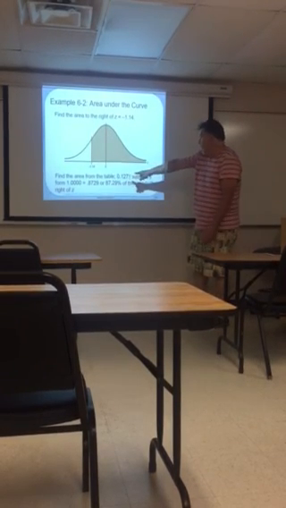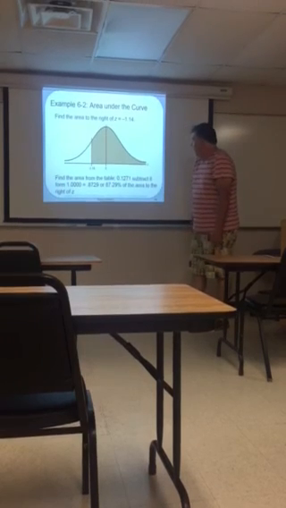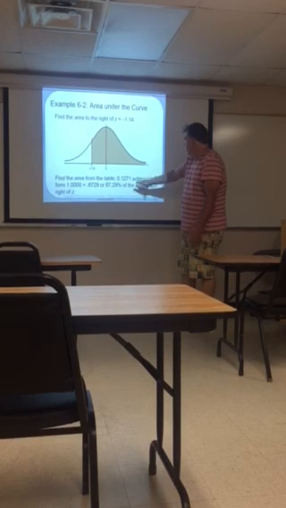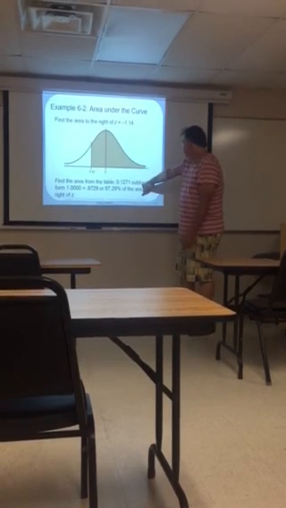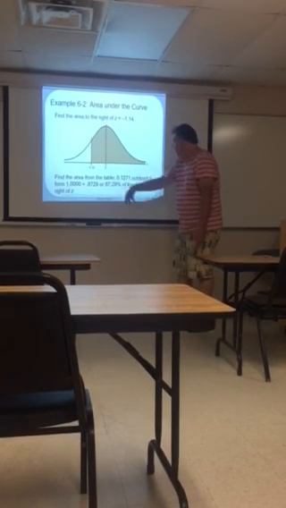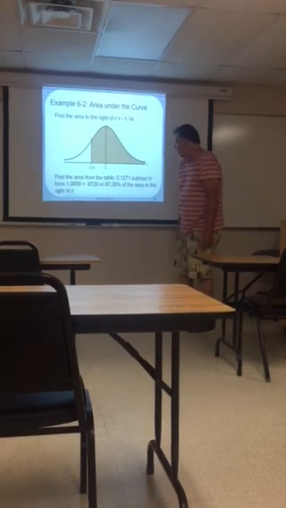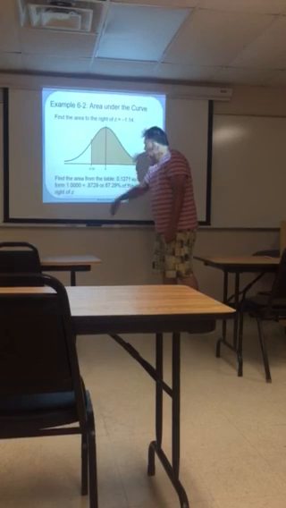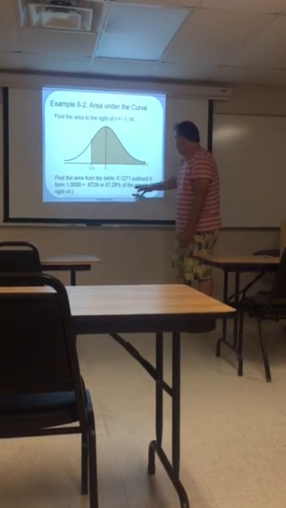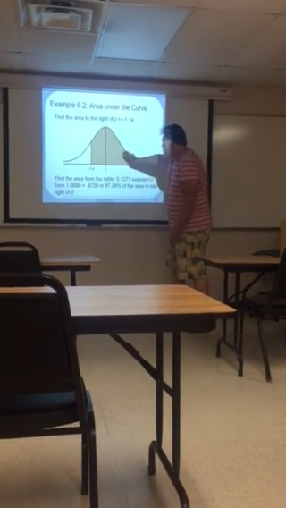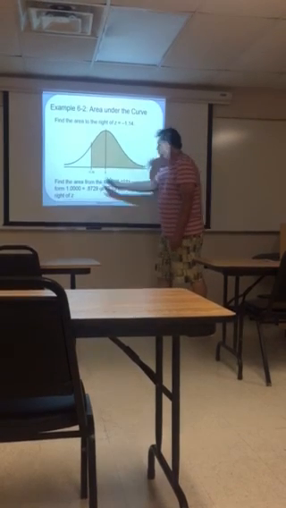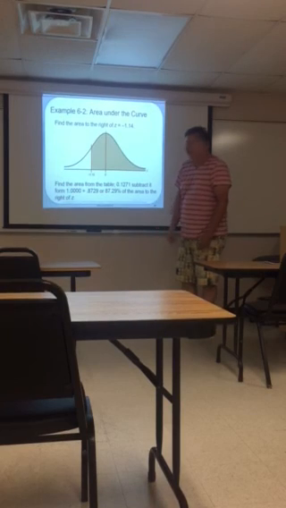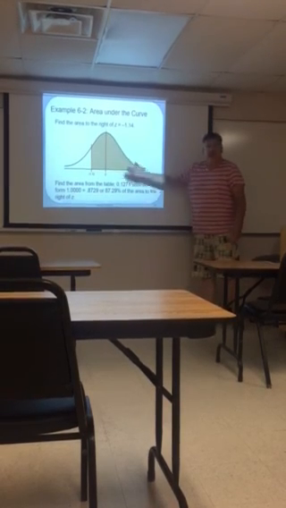So to find the area in the table, you would use the area, and you subtract that area from 100%. So it looks like we're getting 87.29% of the area to the right of z. So that would be this area here. Like I say, the table is going to give you the area to the left. You would just subtract that area from 100% to get the actual area to the right.